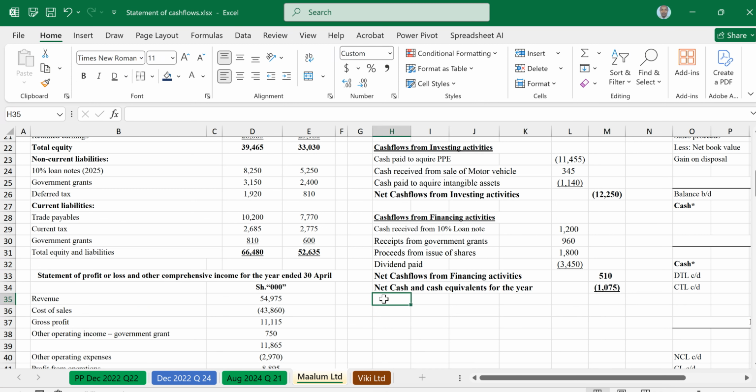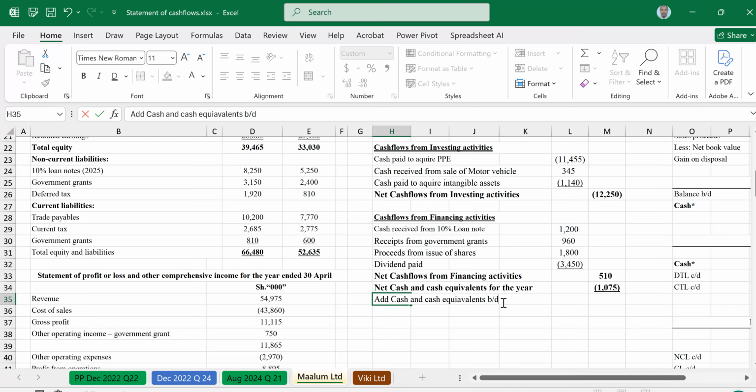Add cash and cash equivalents brought down.